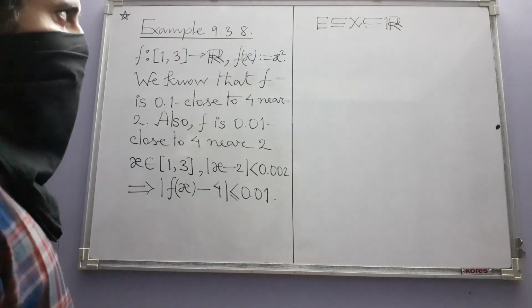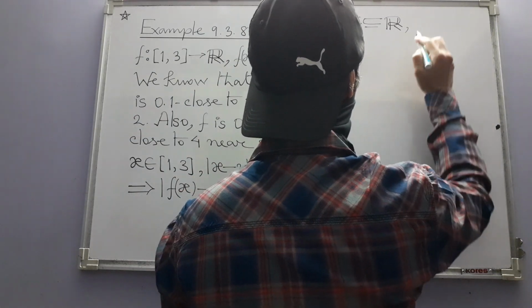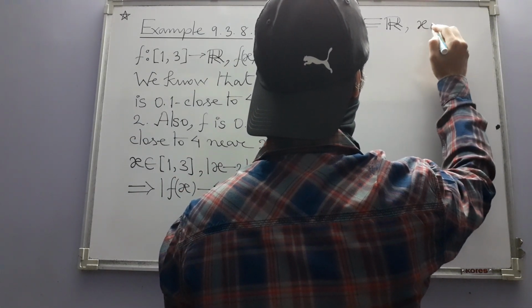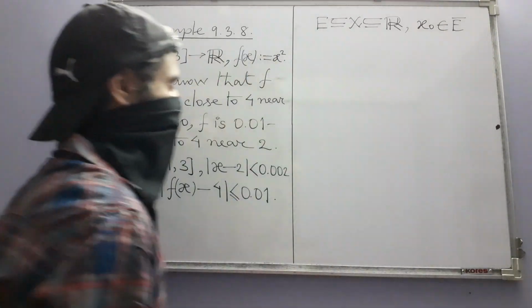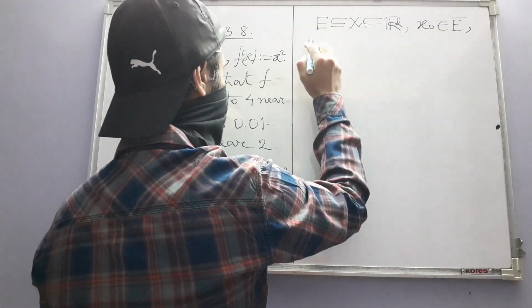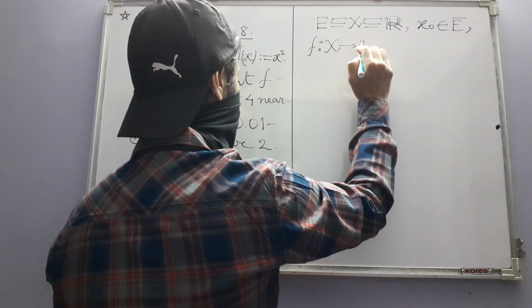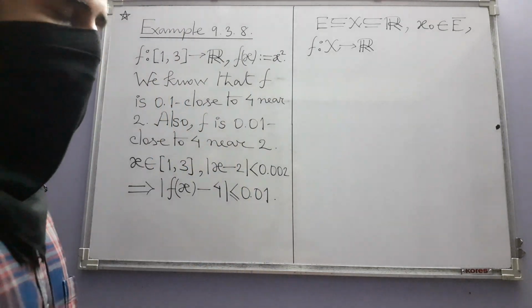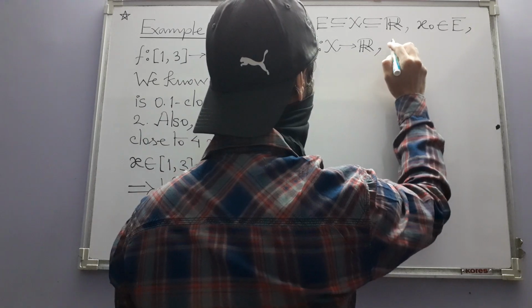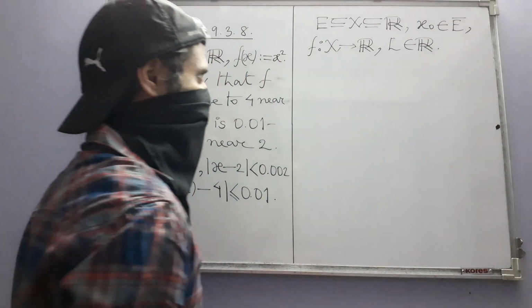Okay, x is a subset of R and E is a subset of X. Then we have a real number x naught which is an adherent point of E. Also, there is a function, a real valued function f with x as its domain. And finally, there is a real number L.